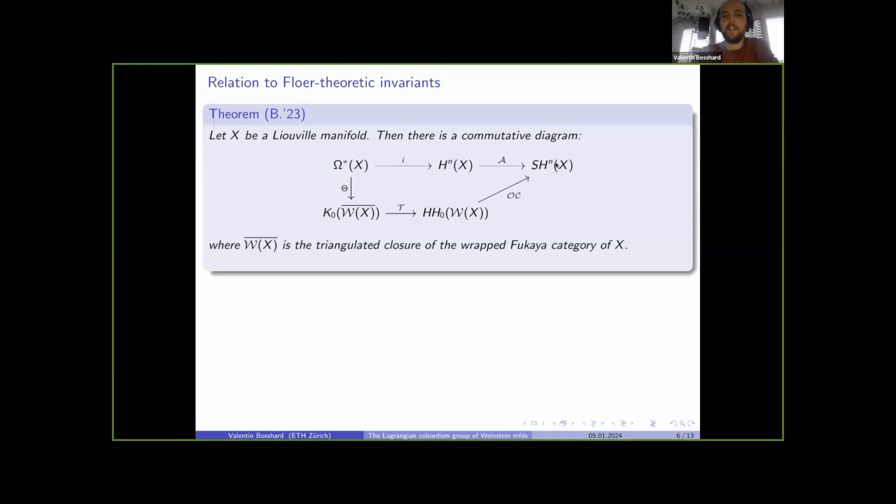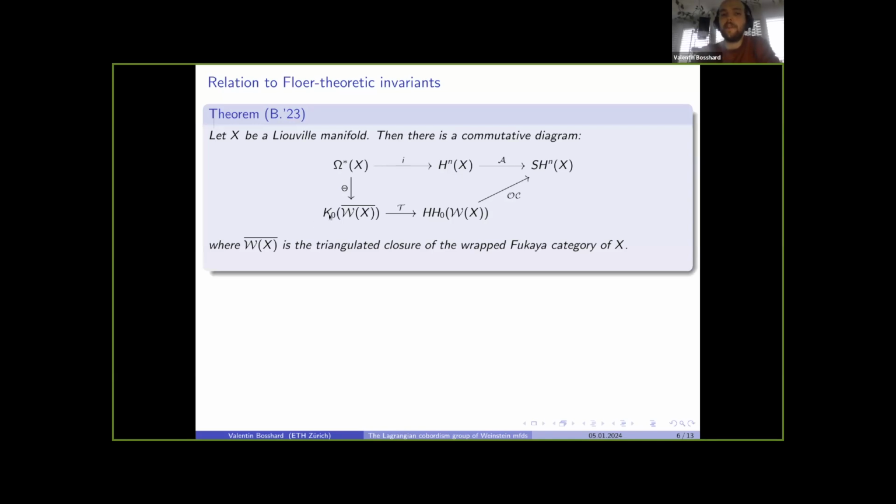Then here we have symplectic homology, we have Hochschild homology, the open-closed map. Then here is the Grothendieck group of the wrapped Fukaya category of X. And this map here was studied a lot. This map is interesting because it's well defined, thanks to Biran and Cornea, who have the celebrated result that Lagrangian cobordisms induce cone decompositions in the wrapped Fukaya category.